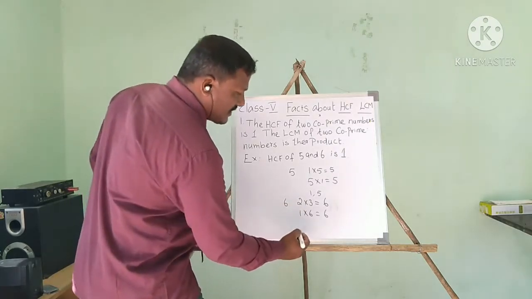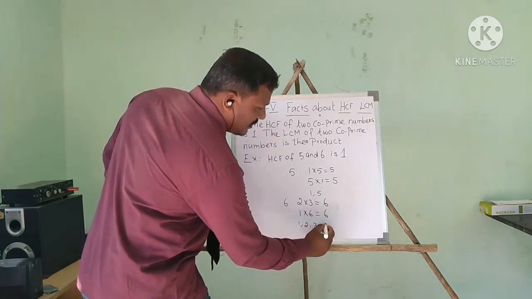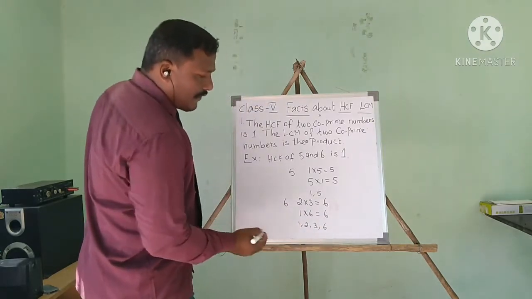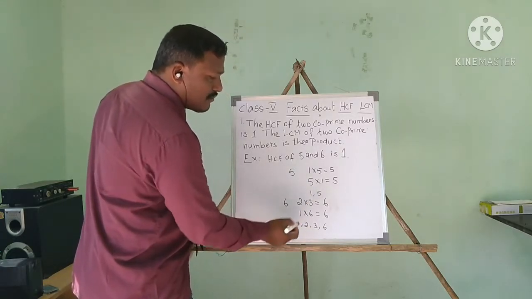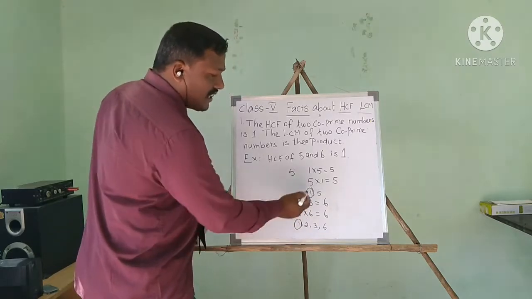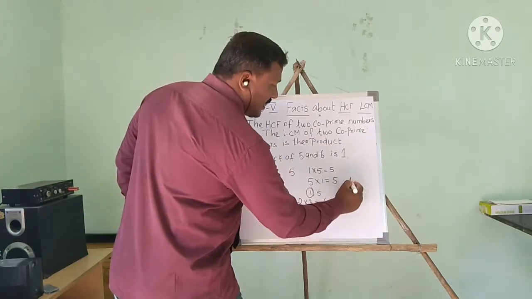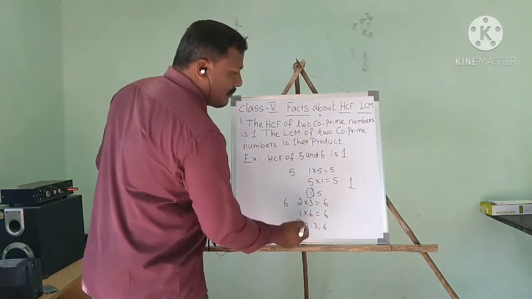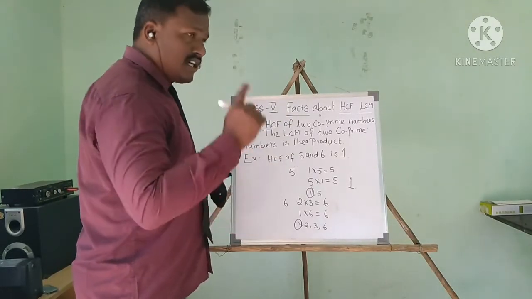So if you collect the factors of 6: 1, 2, 3, 6. If you notice, these two numbers have a common factor, 1. This is the highest common factor of both numbers. So 1 is the HCF, and that's why the HCF of two co-prime numbers is 1.